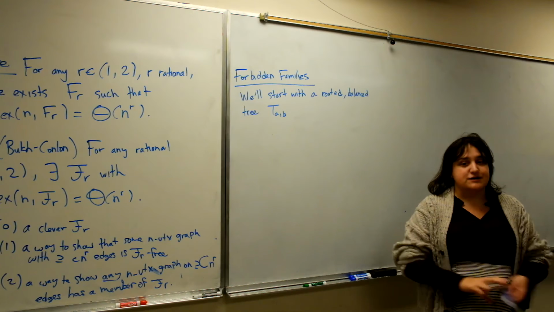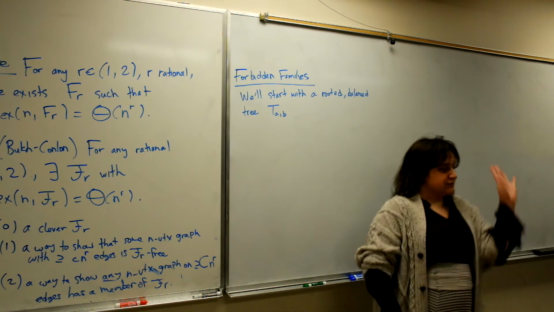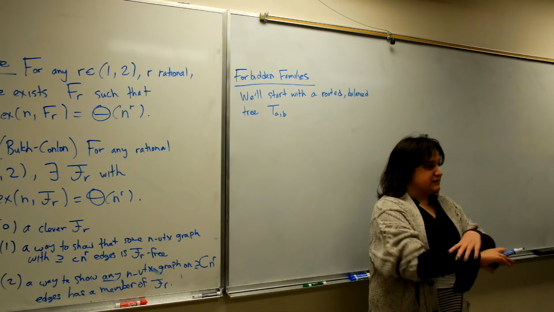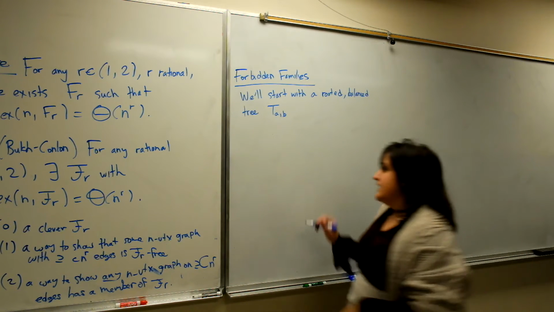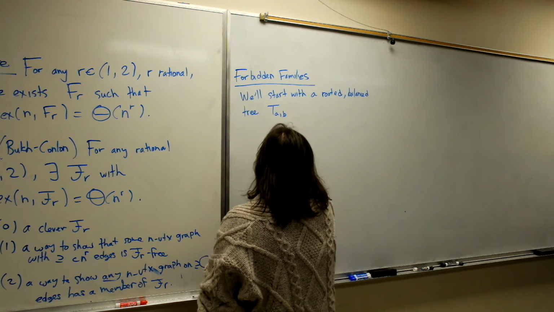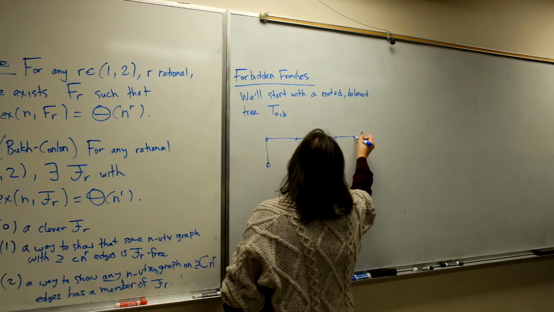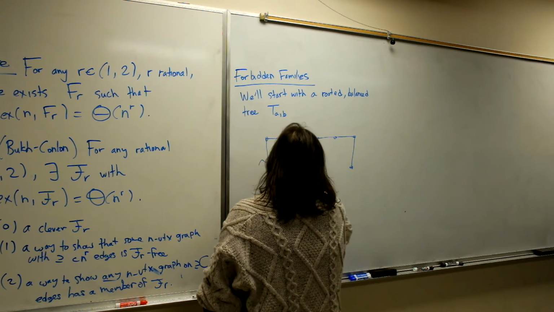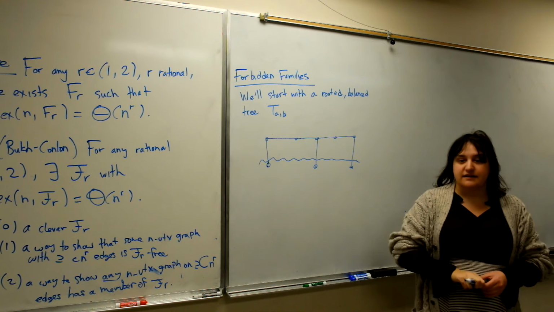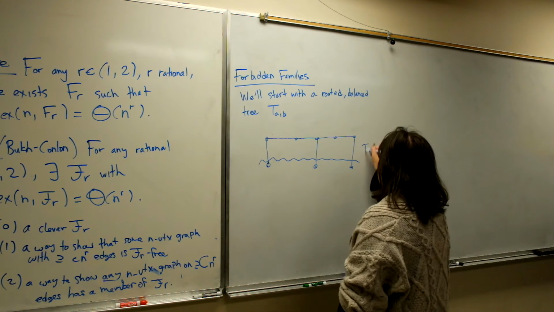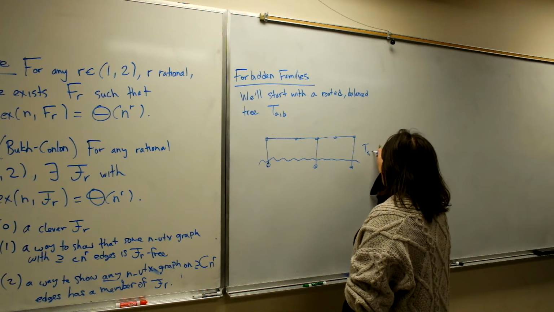So when I say rooted, I just mean that you can color in some vertices or draw them at the bottom of your picture or something, and you think of those as being in a separate root set. For example, my favorite Bukh-Conlon tree, because it's not trivial, but it's still small, is this guy. This is T5,7.